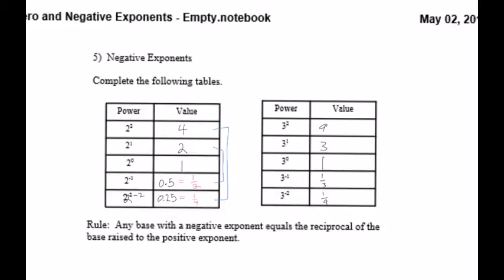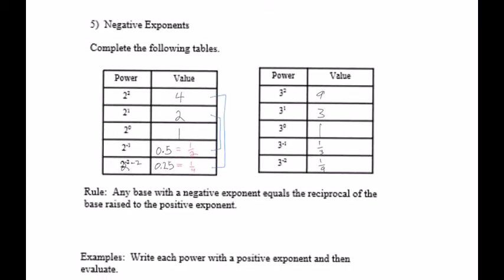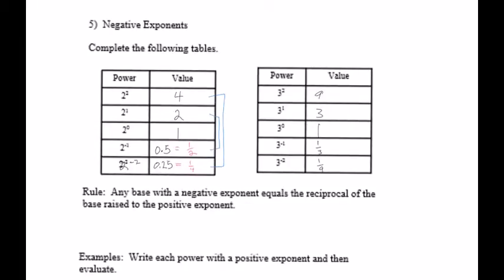So what we can see is that for any base that we have, if its exponent is negative, so let's say I had a to the negative n, I could write it as 1/a to the n, and then simplify the a to the n.